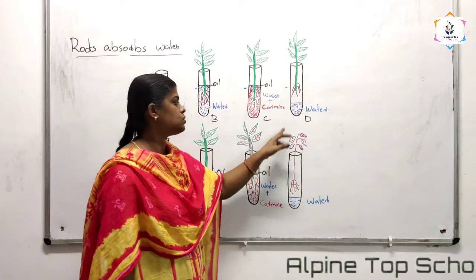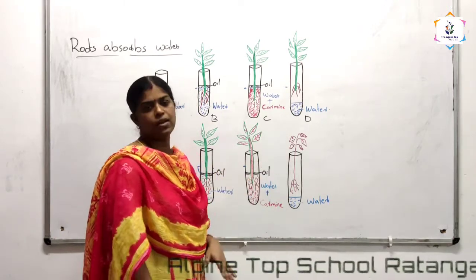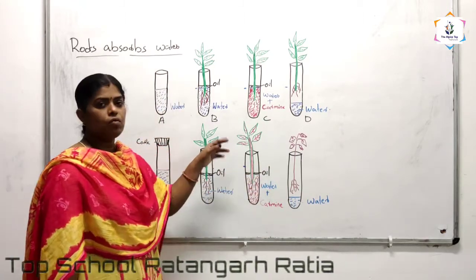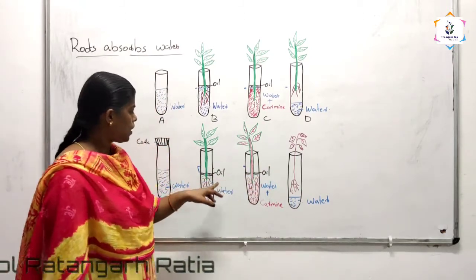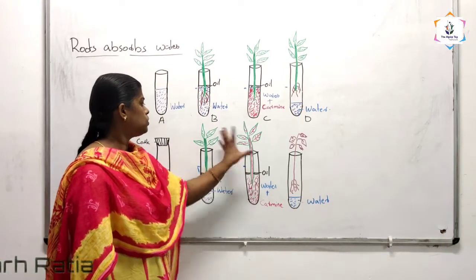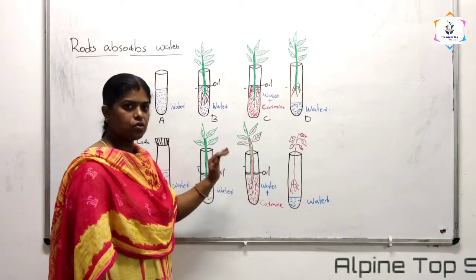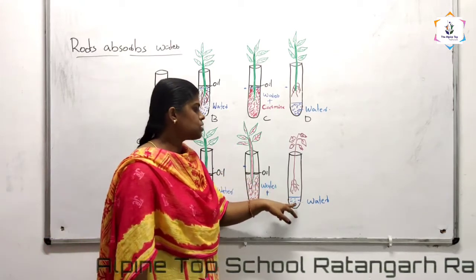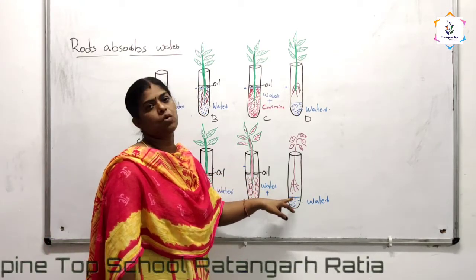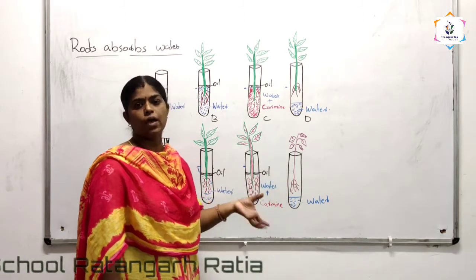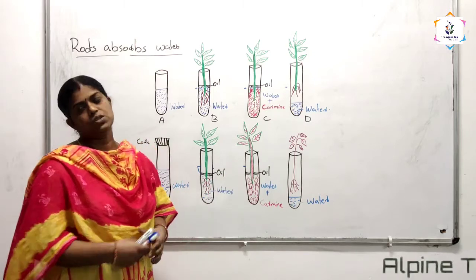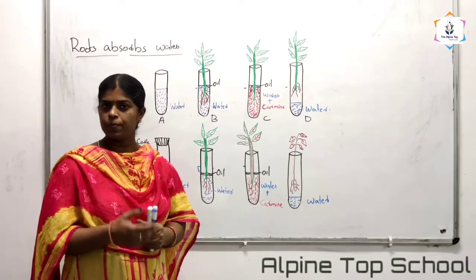This plant is wilted because it didn't get enough water. That means the roots are absorbing water. Here and here, both these plants are fresh because they got water through the roots. Here the water was there, but the roots were not touching the water, so it was unable to absorb the water. That means roots are the parts by which plants absorb water.